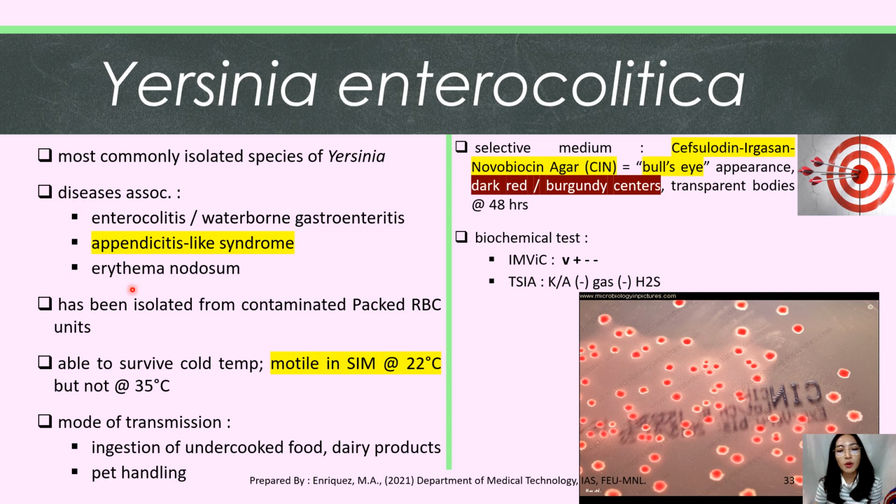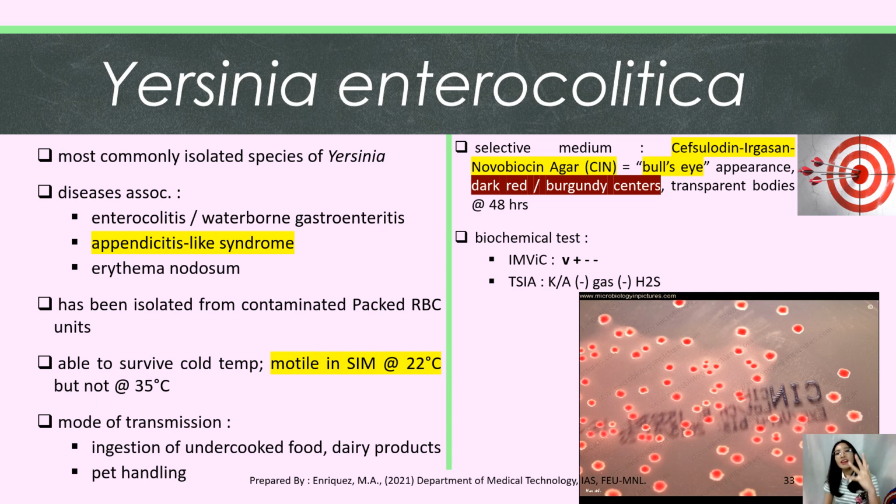Okay? So, ayan po, lagi natandaan kapag nabanggit na it may cause an appendicitis-like syndrome, dapat po, una nyo may isip is Yersinia enterocolitica.